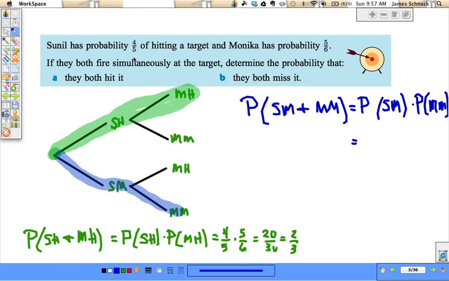Oh boy, it doesn't tell me what the probability that Sunil misses is. Well, it's easy enough to figure out. If it's 4/5 of hitting, it would be 1/5 that Sunil misses. Probability that Monica misses would be 1/6. So the probability that they both miss is 1/30. 1 out of 30 times we should expect both of them to miss the target.